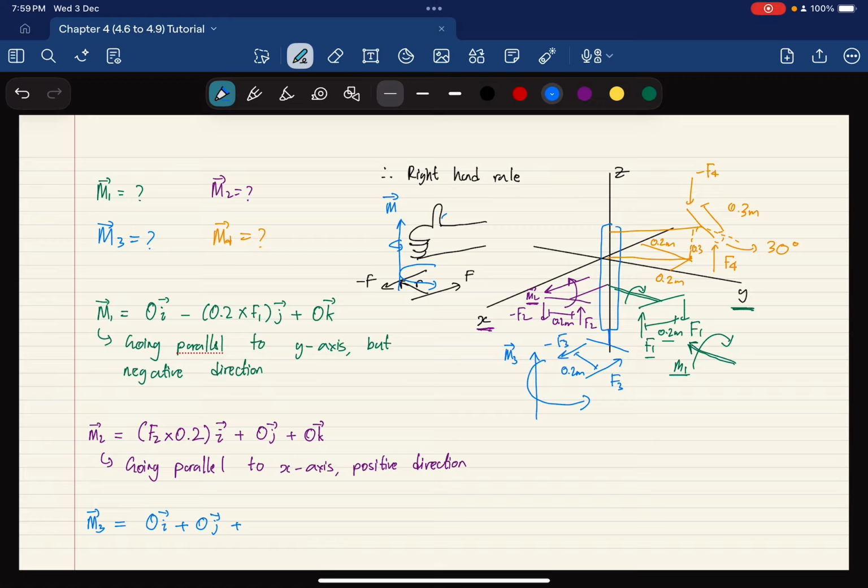It would be positive F3 times 0.2 k vector. So in this case, your M3 is basically going parallel to the z-axis, positive direction.